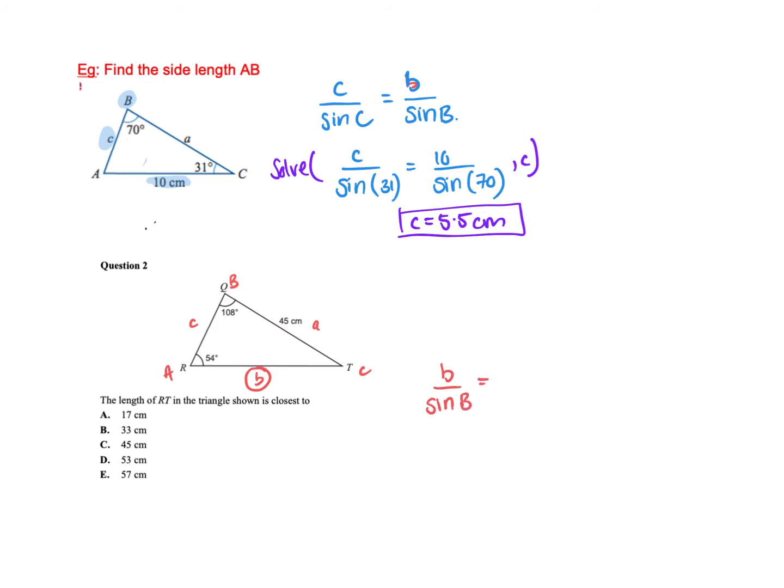And then I've got to have a look and see what else I have been given. I've been given side a, and I also have angle A, so I can use that one. So I'll use a over sine A, and then you just substitute everything in. So b is what I'm trying to find, over sine 108, equals a, 45, over sine 54.